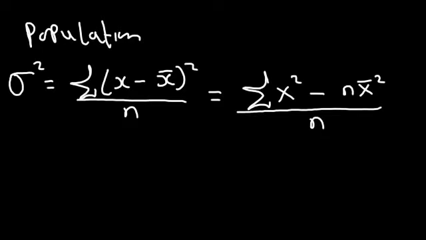The reason why I'm giving these alternative formulas is because some lecturers, when the statistics course you are taking involves multiple choice exam questions, won't give you the distribution to save time. They will just give you the sum of the squares of the data, then they'll give you the value of n and x bar.